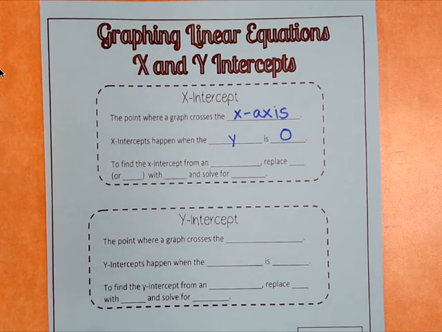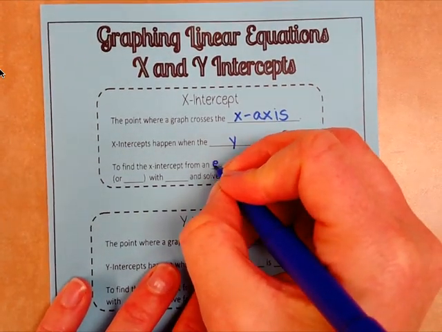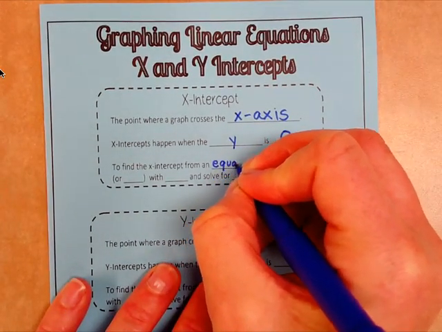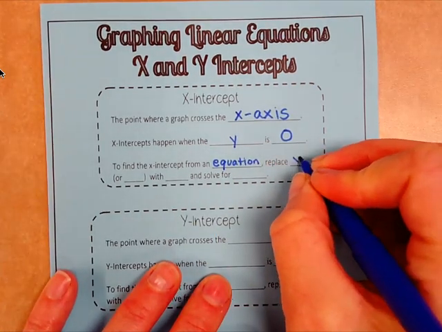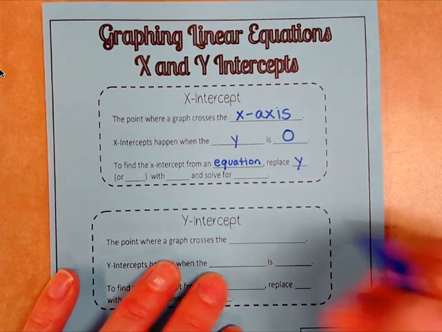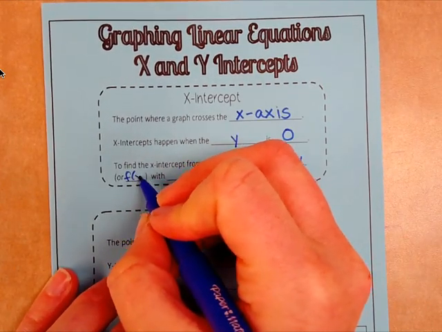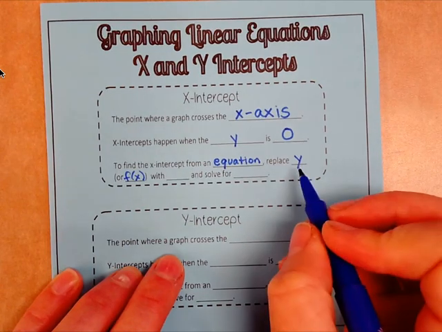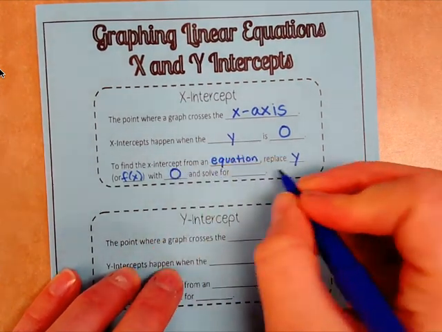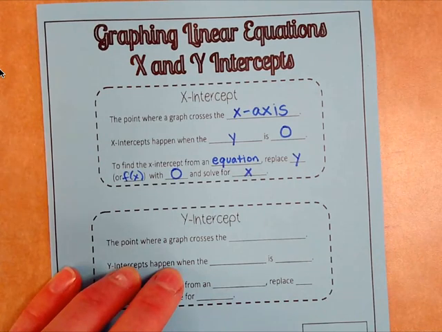To find the x-intercept from an equation, replace y or f of x with 0. f of x is the same thing as saying y. It's a function of x. We're going to replace y with 0 and solve for x.